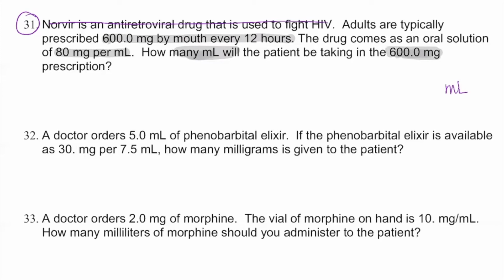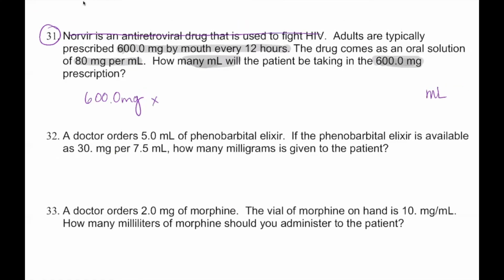Do you see how we can kind of break that problem down? And so we're going to start with 600 milligrams. And now we want to bring that to milliliters. So the two conversion factors that were in our problem were 600 milligrams every 12 hours and 80 milligrams per milliliter.